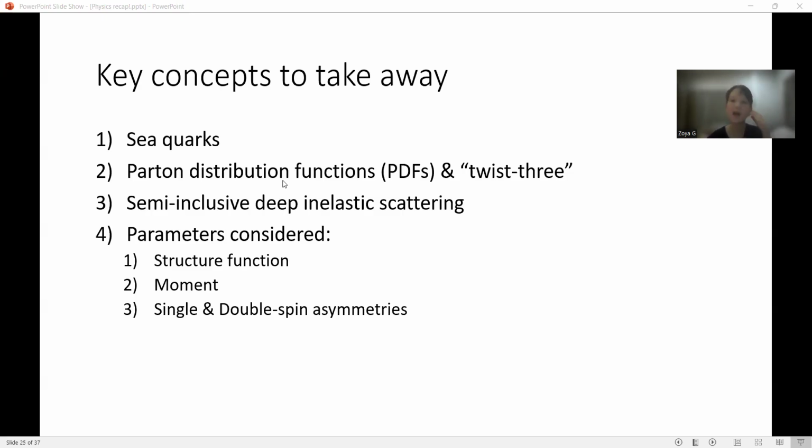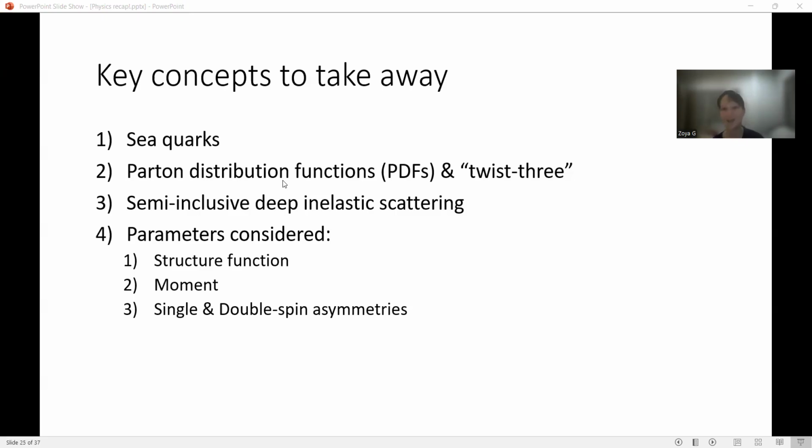Onto the two asymmetry parameters, the single spin and double spin asymmetries from two different papers, also linked. We can see the former is defined as a difference in cross-section when the helicity, or handedness, of the lepton, which we're shooting at the hadron, is flipped.